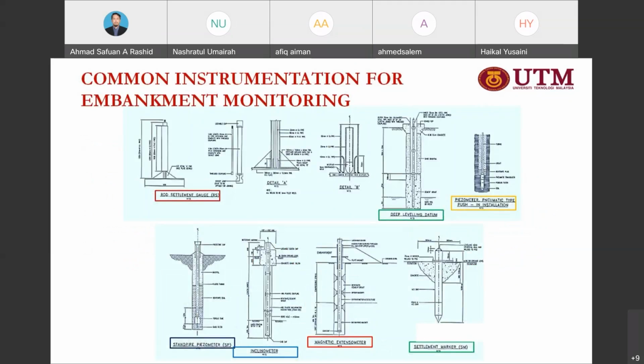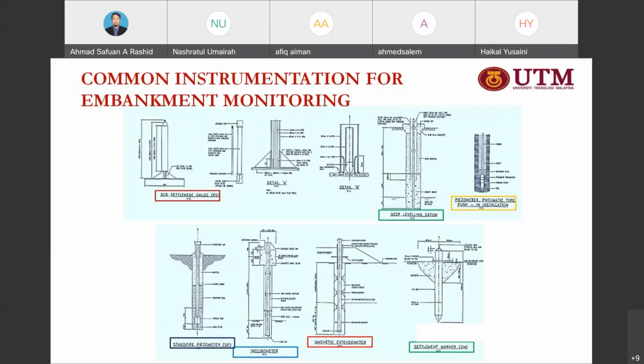So these are some examples of the devices that are commonly used, where we have a rod settlement gauge, deep leveling datum. So these both instruments need to be installed inside the slope or embankment structure.